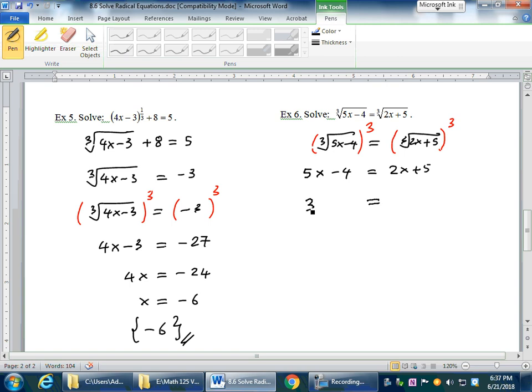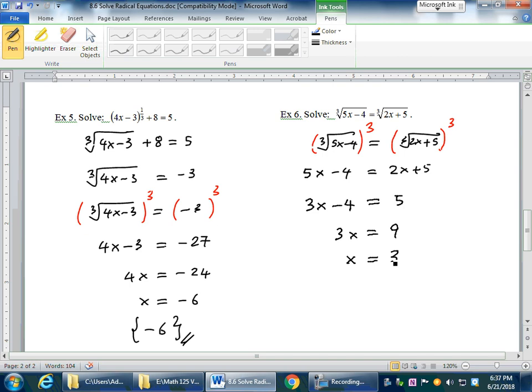Subtracting 2x on both sides, adding 4 on both sides, finally dividing by 3 on both sides. So now we got our possible answer, 3. What we need to do is check.